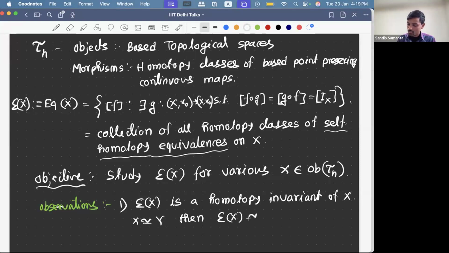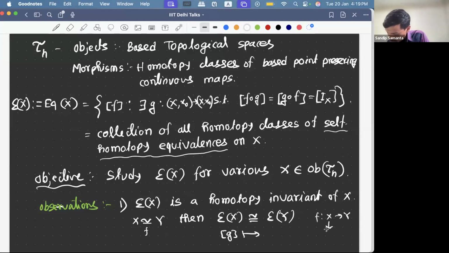So if X to Y is the homotopy equivalence via F, then you send a homotopy equivalence, let's say G, the class of this homotopy equivalence G, to the composite through F inverse.